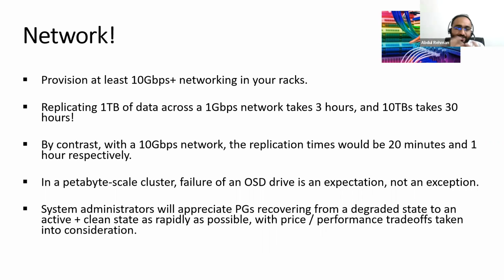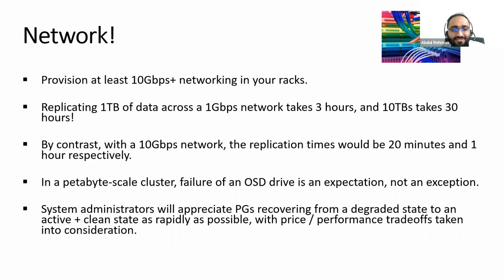The clients connect through the network, and if the network is slow, then even if the SSDs can provide higher IOPS, you cannot achieve the desired IOPS. Normally it's better to have 25 Gbps, but these days 10 Gbps is very common. At least 10 Gbps is recommended, but it's better to have 25 Gbps for a production cluster.